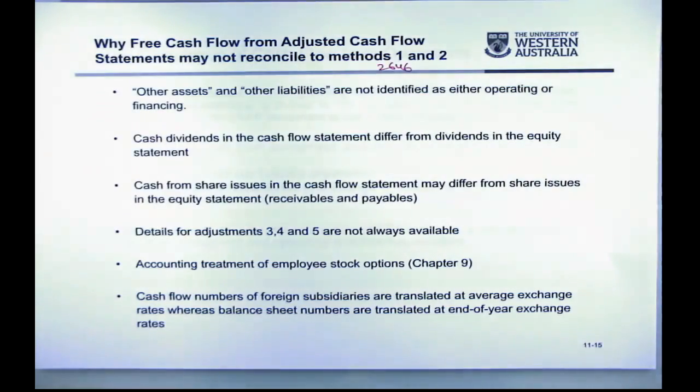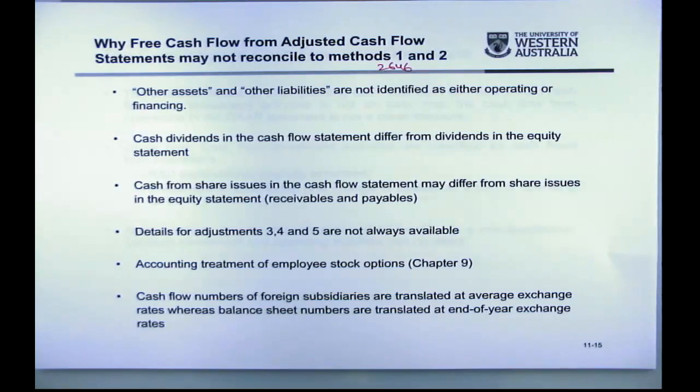Right? The difference, of course, was because under method 1 and 2, we calculate the free cash flow using items in the income statement and the balance sheets, which are usually calculated according to the accrual-based accounting. Okay?